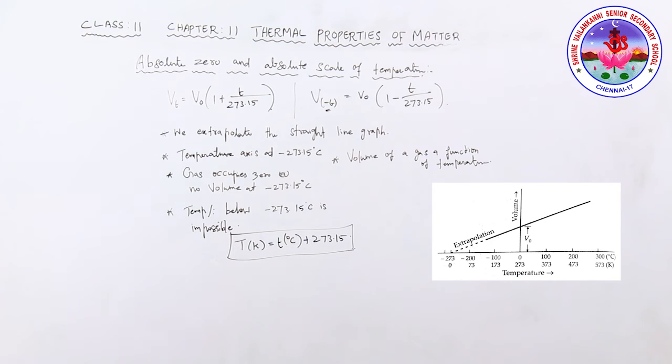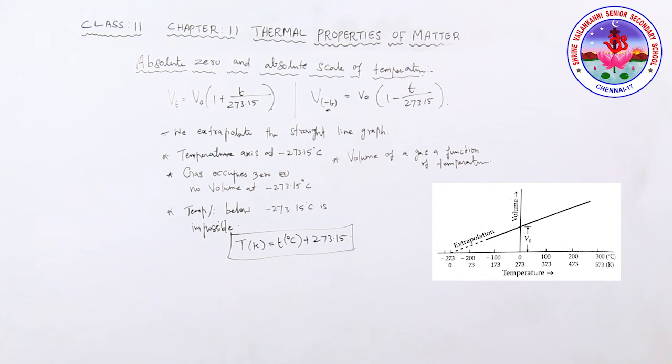Observe this graphical representation of the volume of the gas as a function of temperature. A decrease in temperature results in a decrease in the volume of the gas. We are plotting the volume of a given mass of gas against temperature at constant pressure. If we extrapolate the straight-line graph, it meets the temperature axis at minus 273, students.